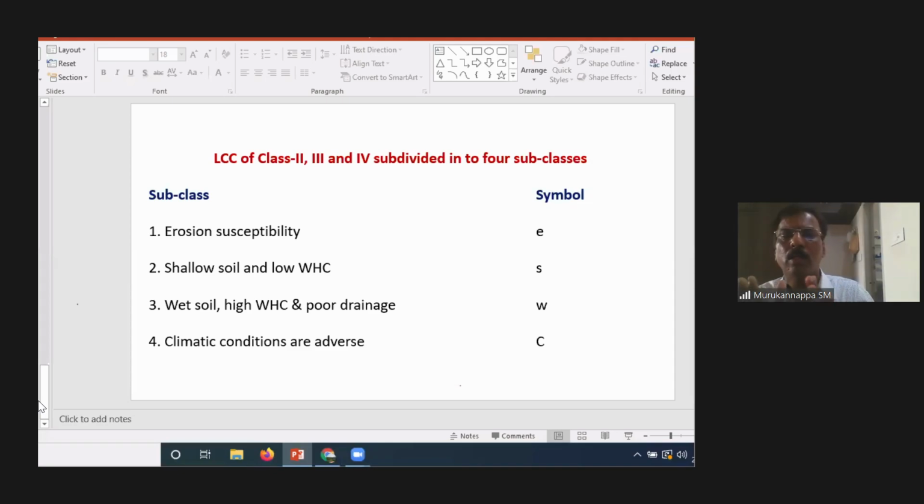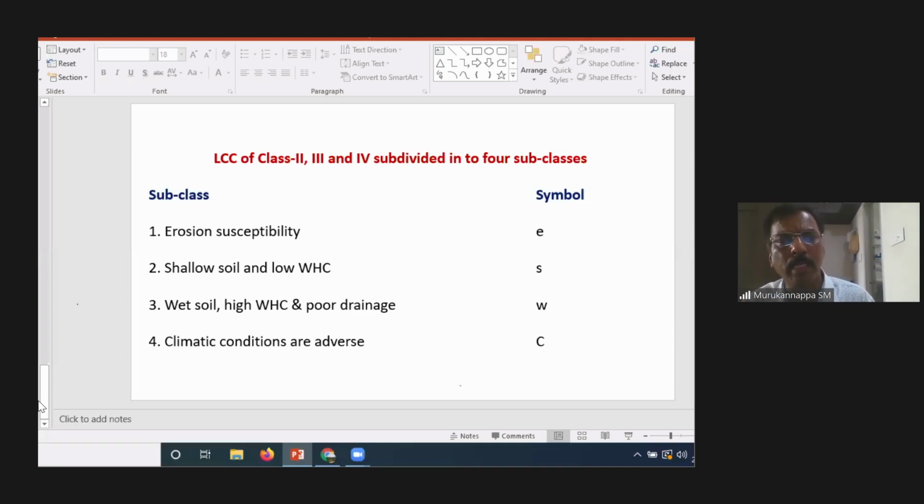Even if it is a class 2, class 3, or sometimes class 4, this class is meant for cultivation as per the classification. Again in that category, these parameters are taken into consideration and divided into 4 subclasses.